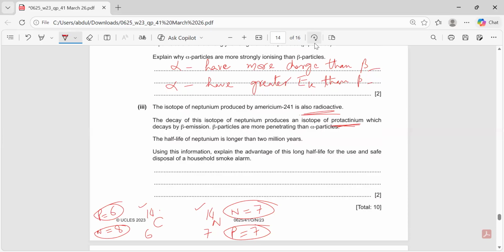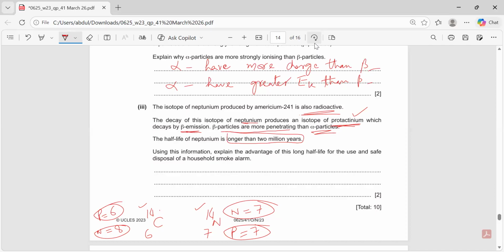No, they did not mention alpha, but let me read it again. The decay of this isotope of neptunium produces an isotope of protactinium, which decays by beta emission, and beta particles are more penetrating than alpha particles. The half-life of neptunium is longer than 2 million years.